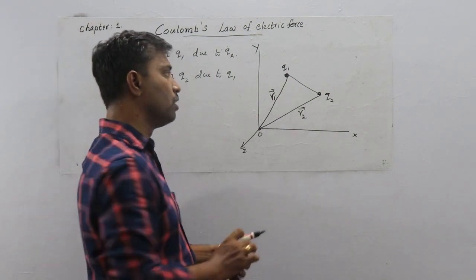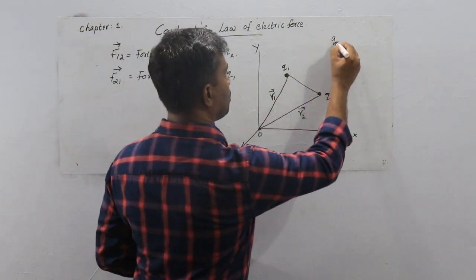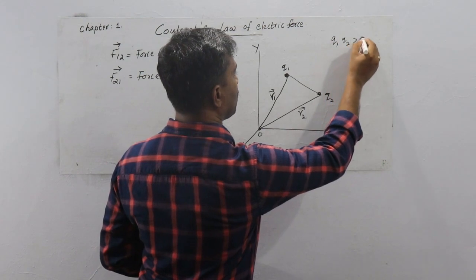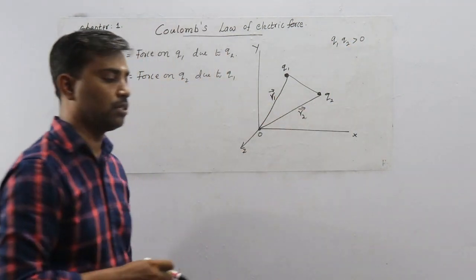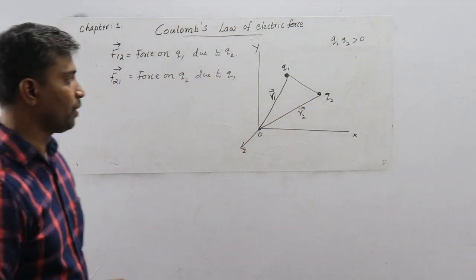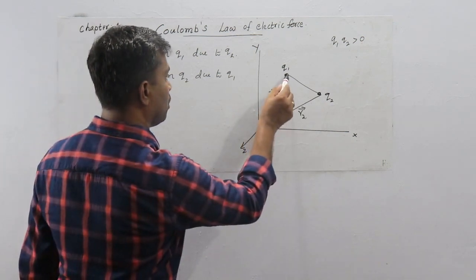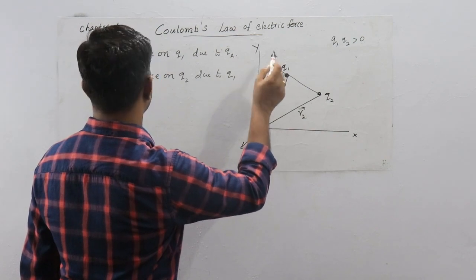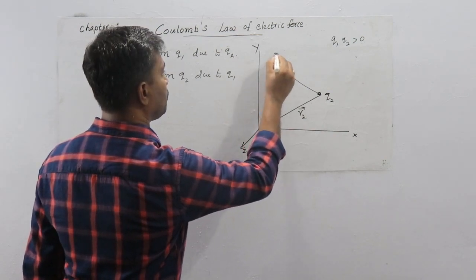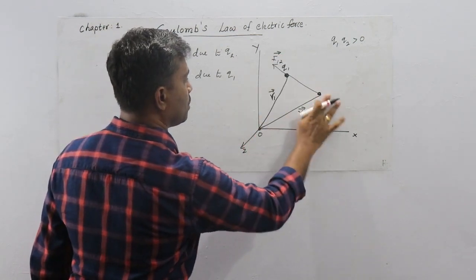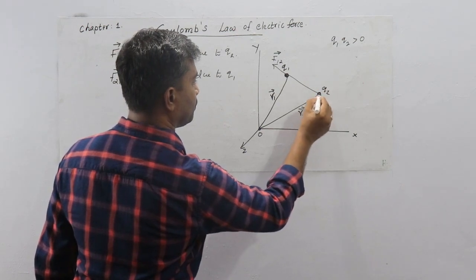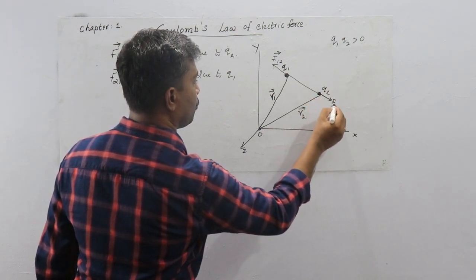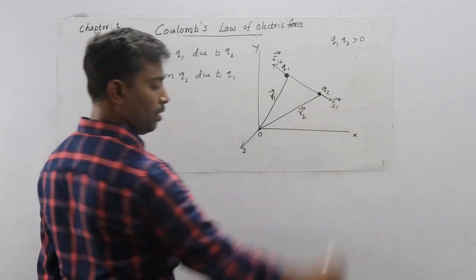Suppose we consider these two charges Q1, Q2 greater than 0. Then the force between the two charges will be repulsive. So the force on Q1 will be in this direction, that is F12, and the force on Q2 is in this direction, F21.